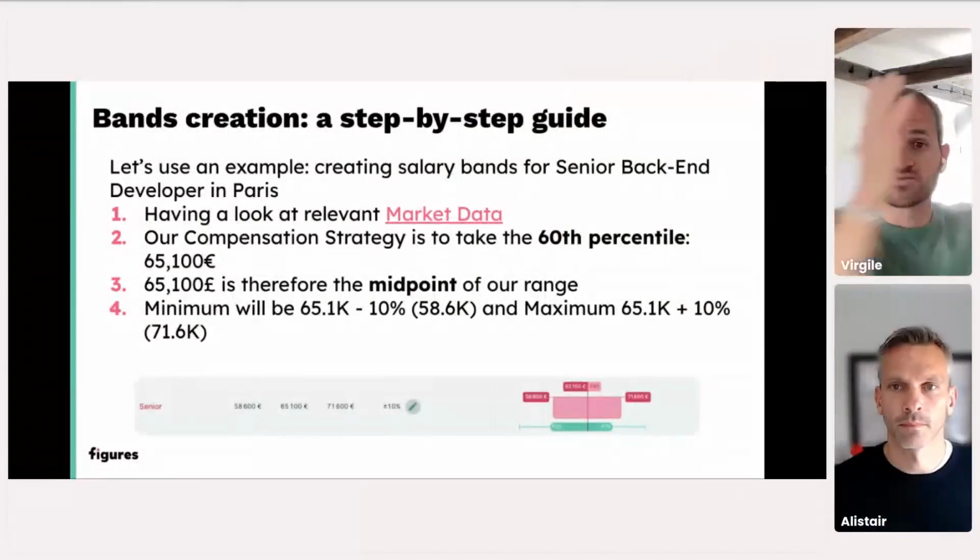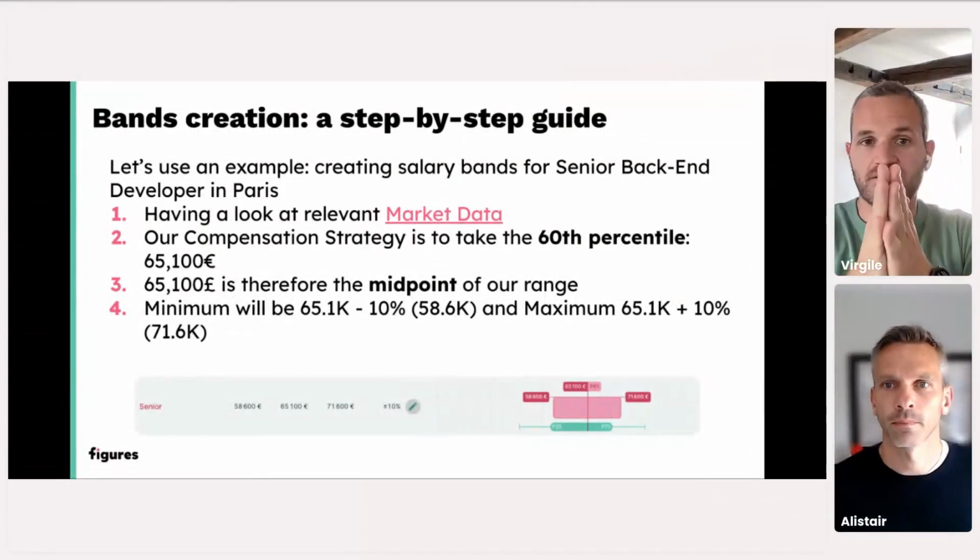And therefore, we're going to define the minimum and the max by saying we take the midpoint, the 60th percentile, plus 10% and minus 10%. And we're going to get back on how to choose why 10%. I chose 10% just afterwards, but this is a process of creating a salary range. Look at your market data. You use your compensation strategy to define your midpoint, right?